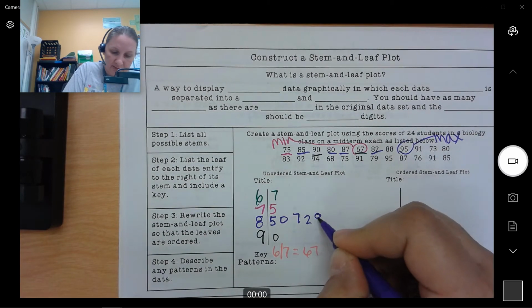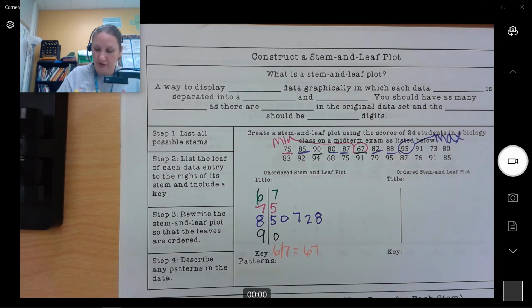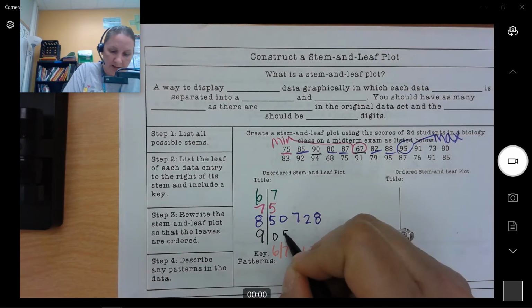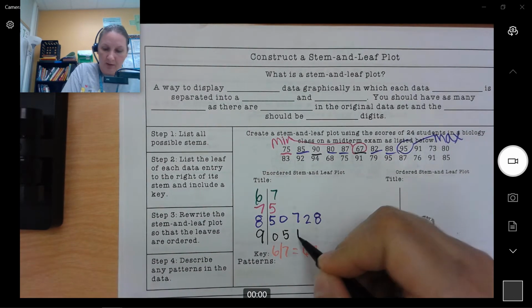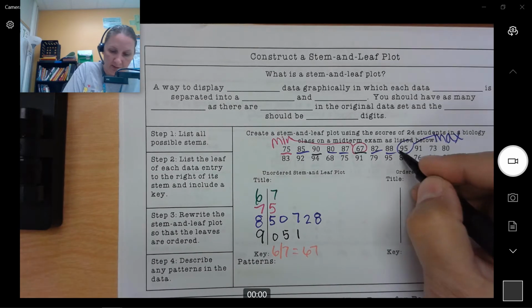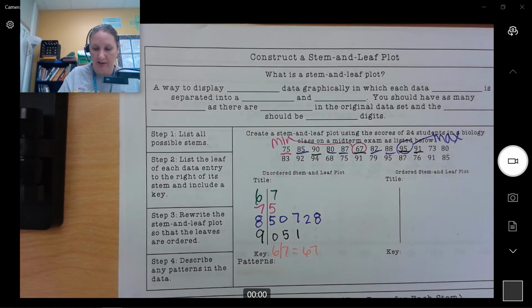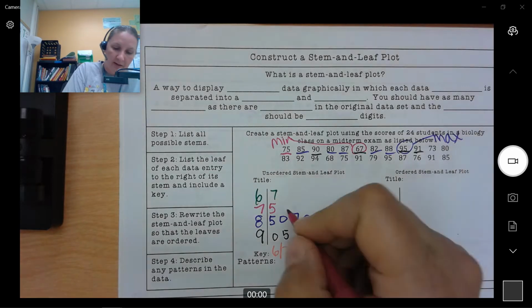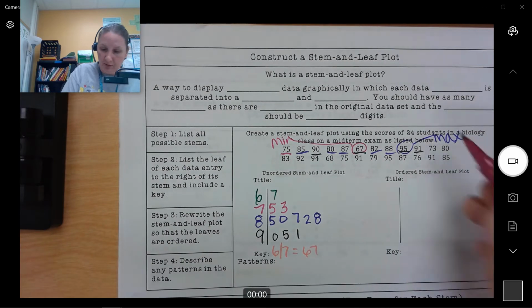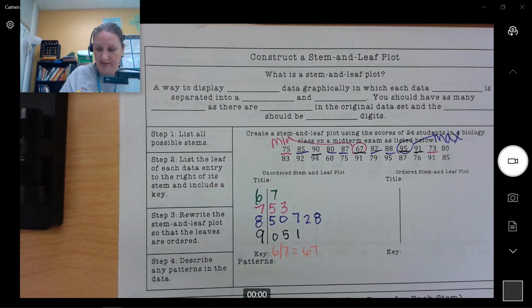The reason this is really nice is because it gets your numbers in an organized grouping without having to rewrite and go, okay, what would be the next number? Because it's basically organizing our numbers already. Now they aren't in numeric order yet. That's the last step.